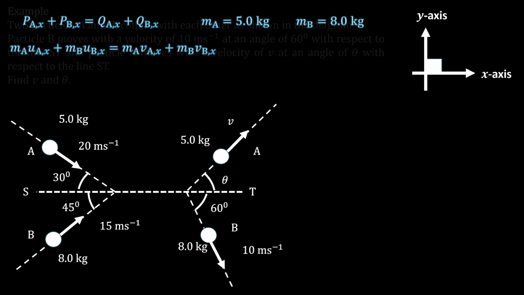Hence we have 5.0 UAX plus 8.0 UBX is equal to 5.0 VAX plus 8.0 VBX.